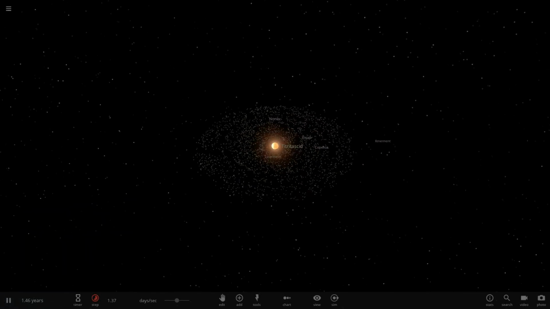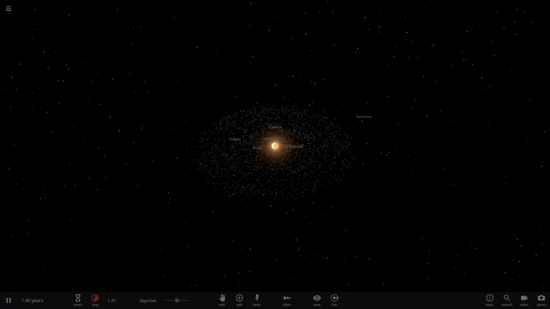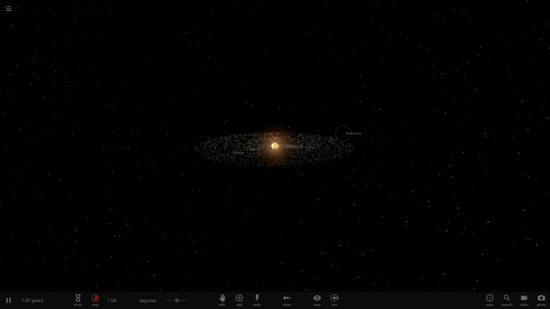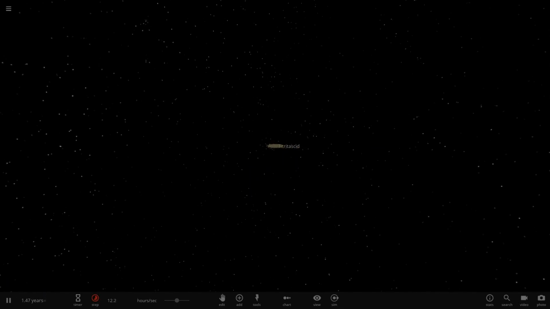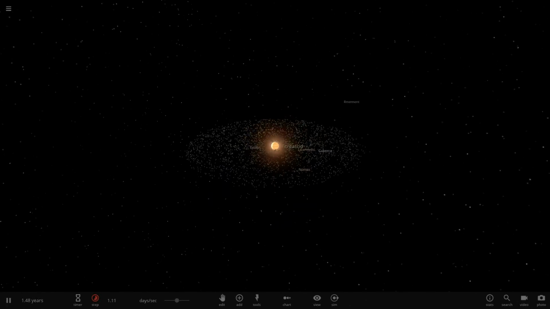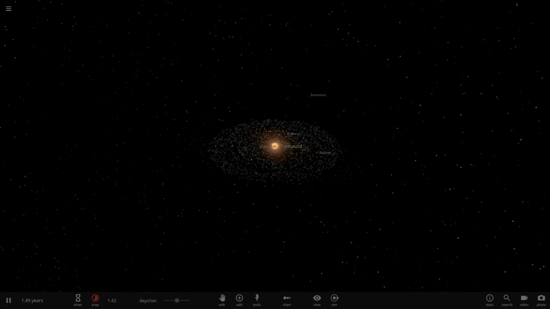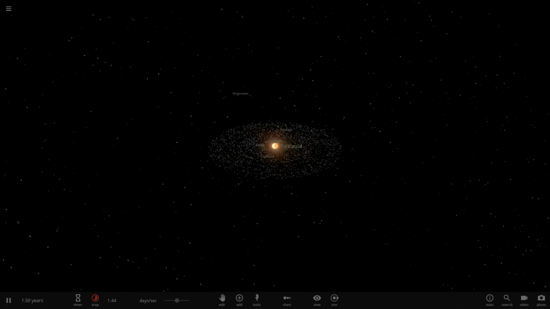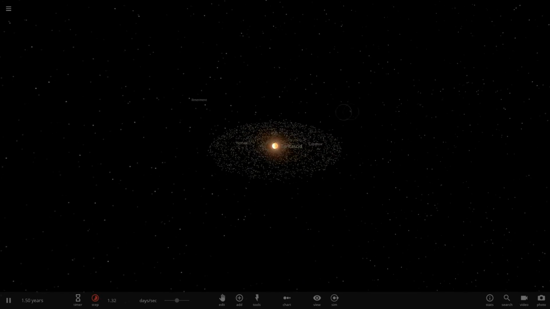Oh wow. Oh my god. So this brown dwarf's actually lost quite a lot of its ring mass because of this outer planet called Non-Ax. So Non-Ax is just destroying this ring.